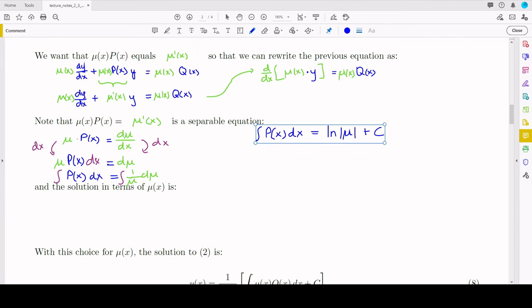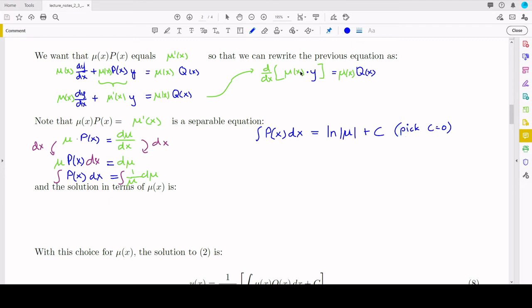Normally when we're solving for mu, we would bring that c to the other side, and that would give us potentially infinitely many solutions for mu, our mystery function. But we only need one mystery function to work. And so the easiest thing here is that we just pick c equals 0. And when we pick c equals 0, then we can isolate our mu by exponentiating both sides with respect to e.